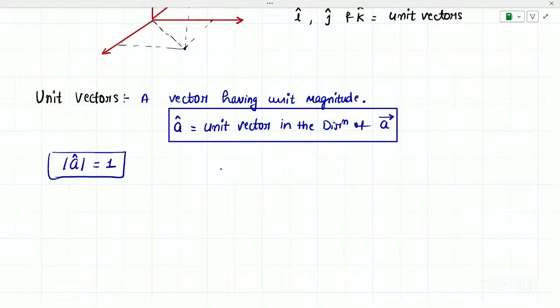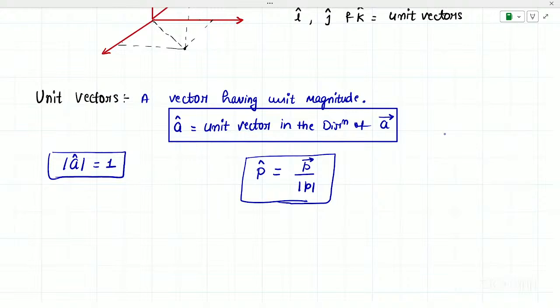It's very simple. Suppose we have a vector P and we want to convert it into a unit vector. It will be given by P cap is equal to that particular vector divided by the magnitude of it. So if we divide this vector with its magnitude, its magnitude will become 1. Got it?